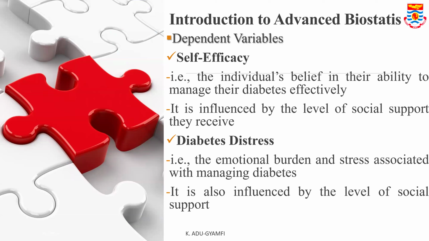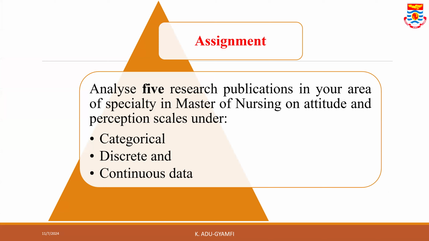That is the emotional burden and distress associated with managing diabetes. It is also influenced by the level of social support. A good biostatistician who wants to be efficient needs to understand these concepts and use them very well.